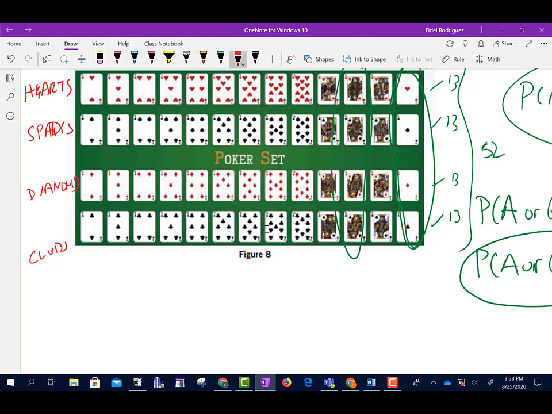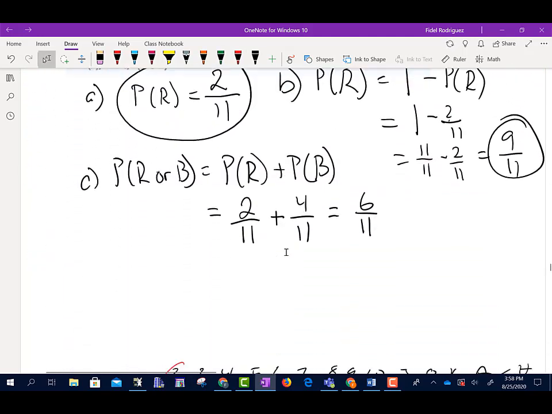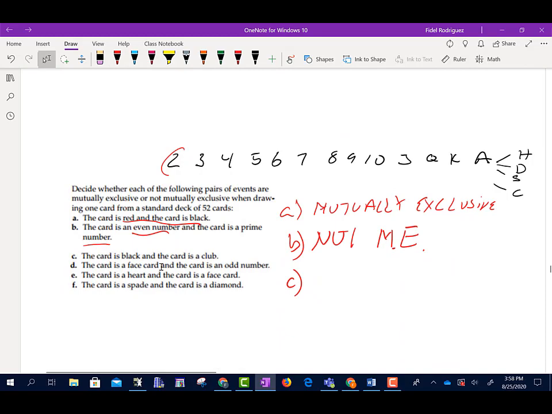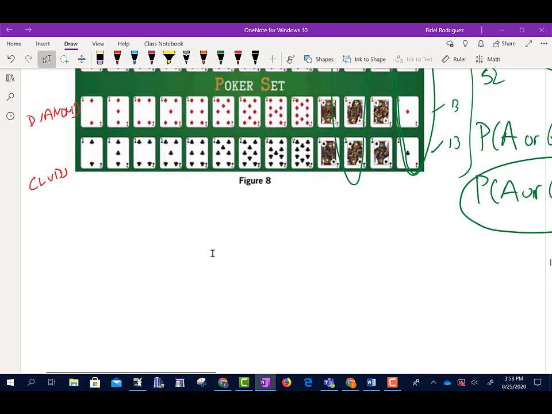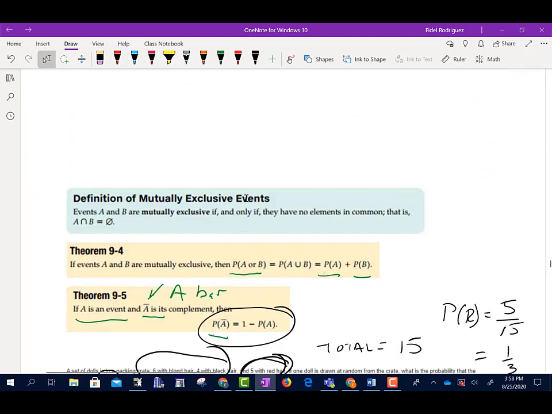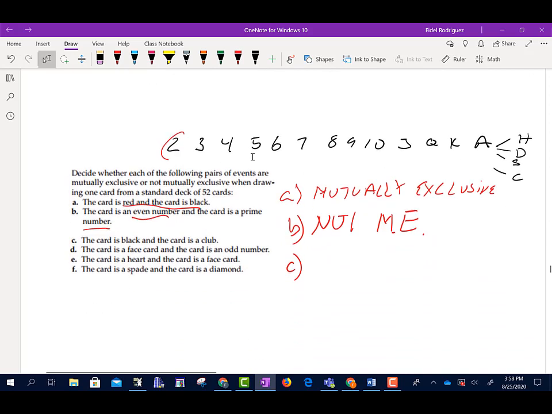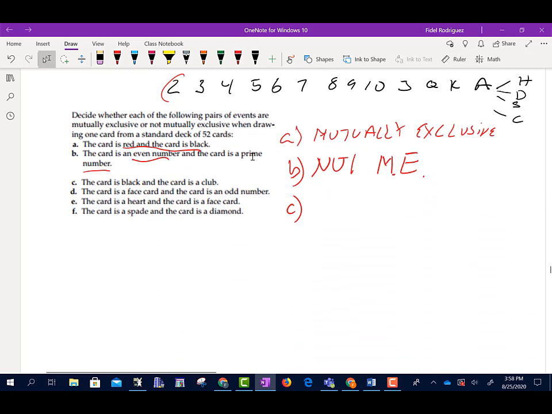So the question said, the card is black and the card is a club. Well, if you look here, clubs are in fact black cards, so they are not mutually exclusive, because a club is going to be a black card, right? So not mutually exclusive.